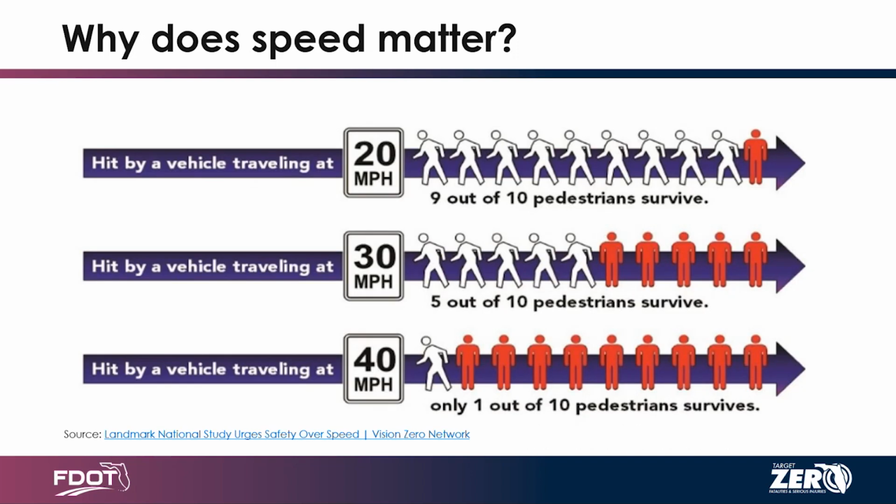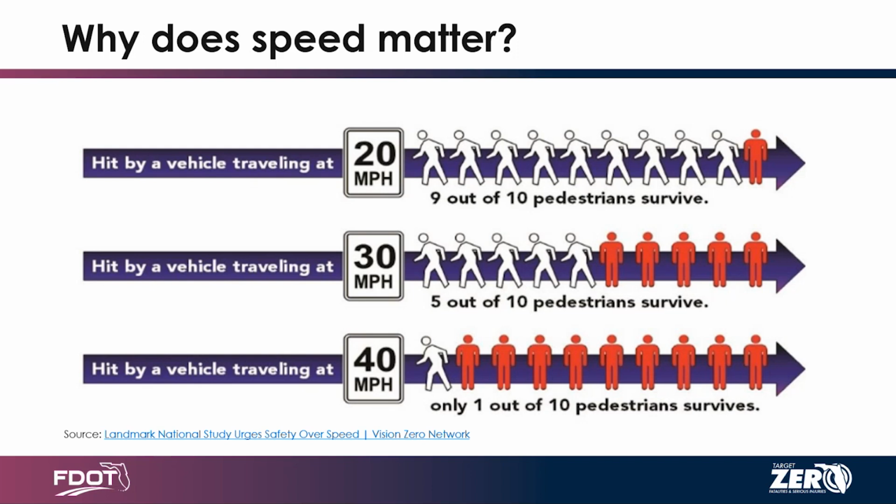I think you saw something similar to this yesterday, but I think that illustrates the point. At 20 miles an hour, 9 out of 10 pedestrians survive. But once you get up to 40 miles an hour, only 1 out of 10 pedestrians survives. So if we think about our C3 areas, right? The C3 areas are identified largely as some of our worst pedestrian vehicular conflict areas, because it's kind of like suburbia, right? It's where we have high activity zones interacting with a roadway that a lot of times is kind of a through roadway.